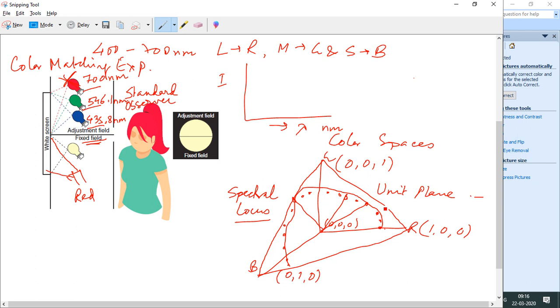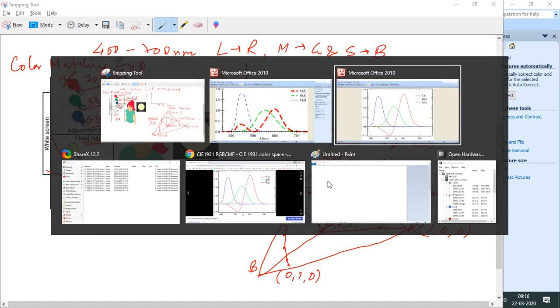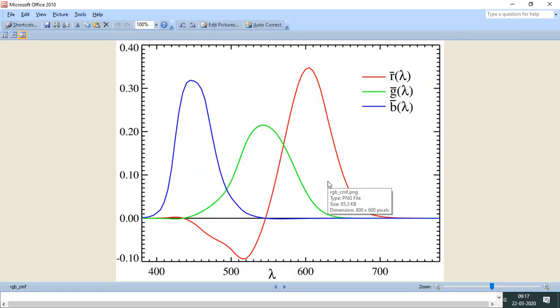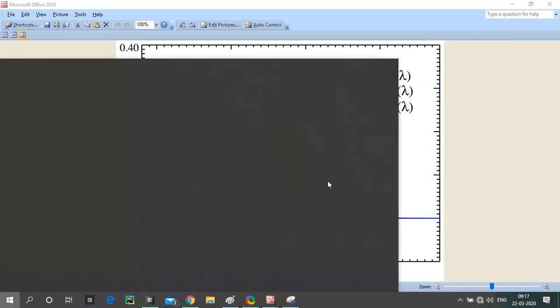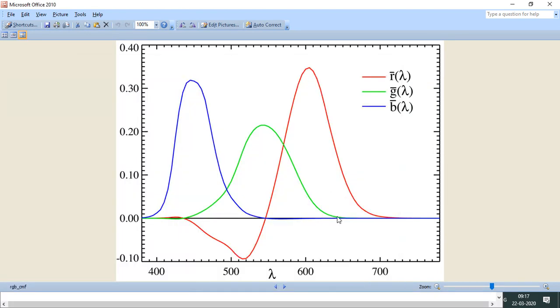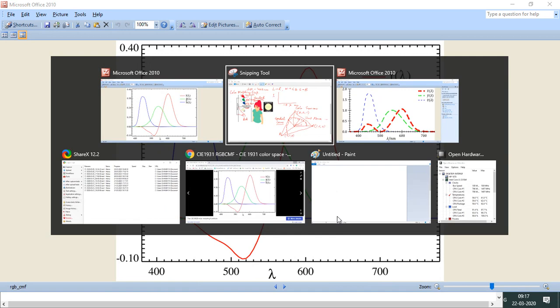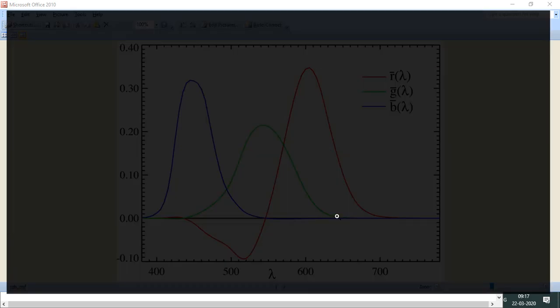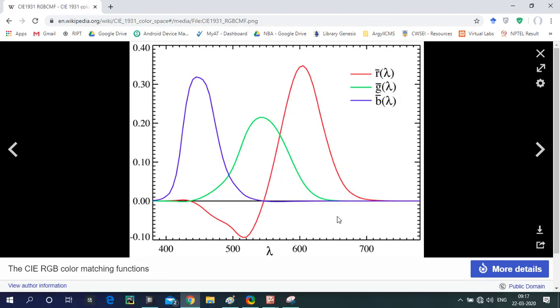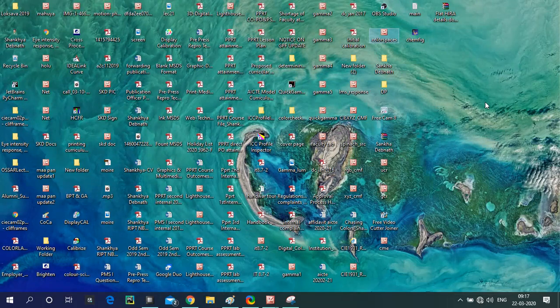From this 3D space the spectral locus was projected into a 2D coordinate space. Due to this, what was obtained is basically known as the, I think I have the picture, wait, I think I have the picture here somewhere. This is particularly known as the CIE XY diagram.